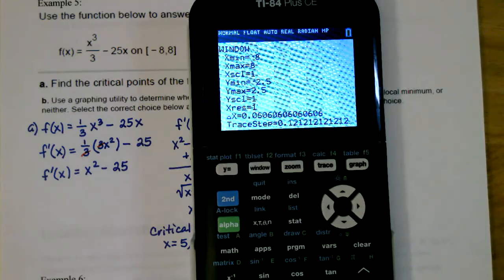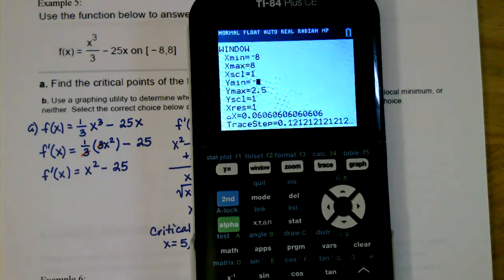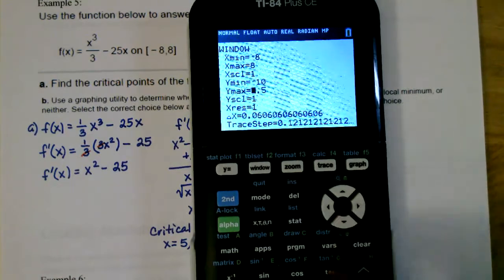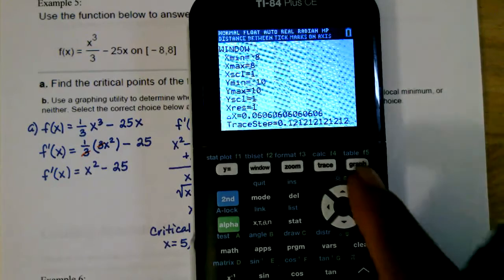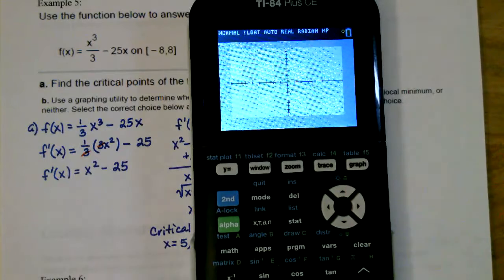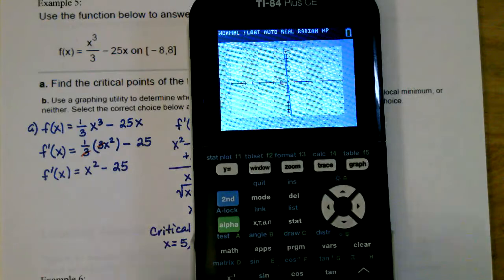Y min, I'm going to go out on a limb here and do -10 for the y min, and the y max will be 10. Y scale will be 1. Then do the graph. Okay.